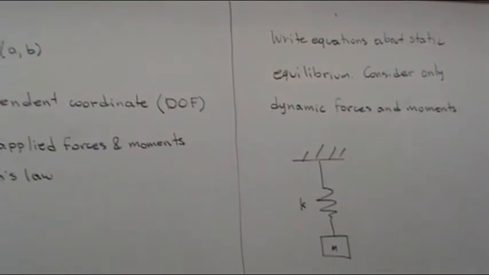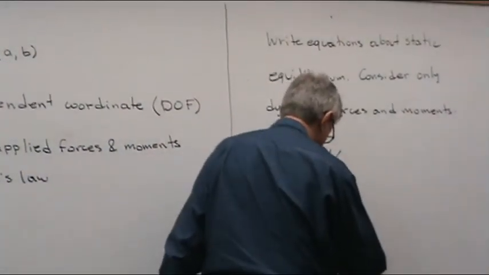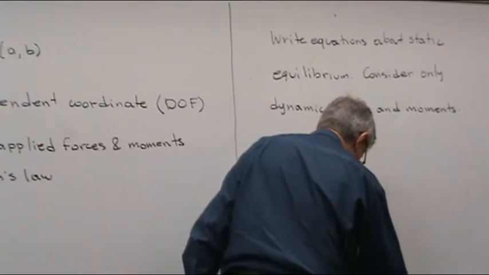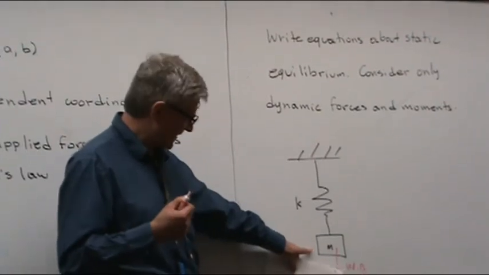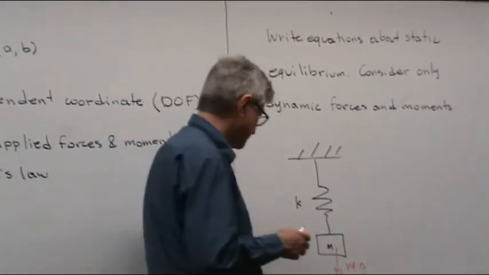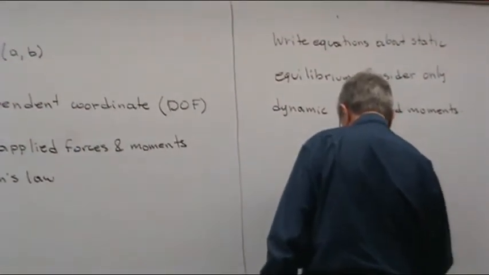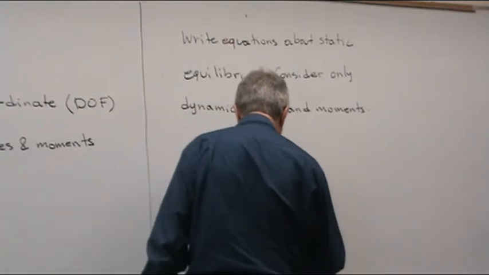Well, let's draw it. There is a weight mg. Now, if this position is the static equilibrium position, then there is an equal and opposite force because of the deflection of the spring.